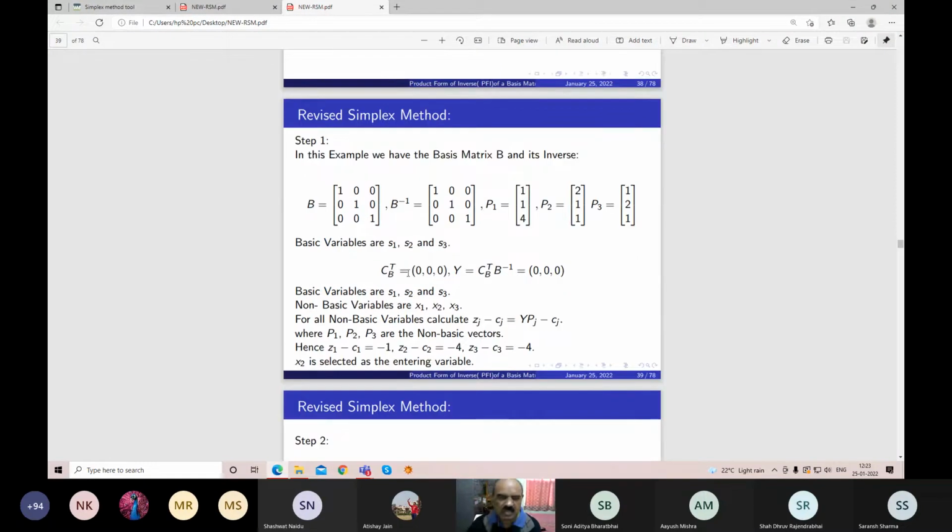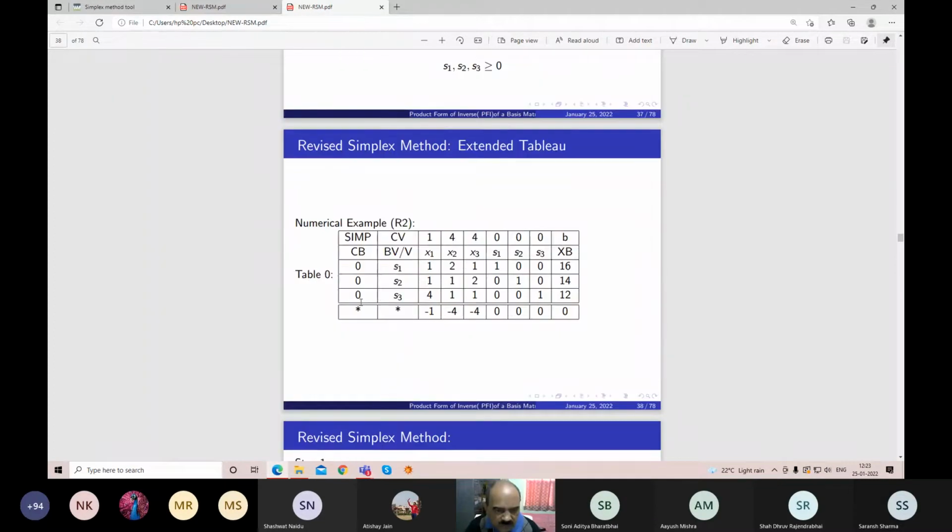So this is now CB. What is CB here? CB is the coefficient of the basic variables in the objective function. Presently, how much is it? See here, 0, 0, 0. Actually, it is a column vector.